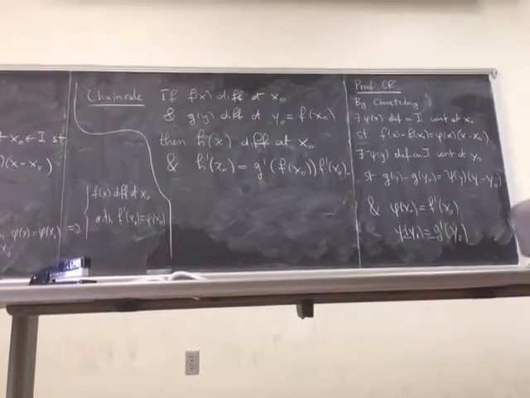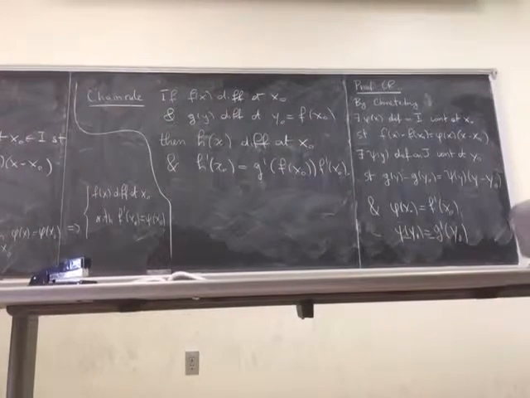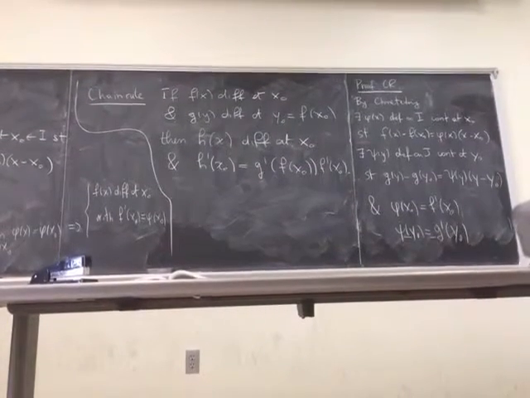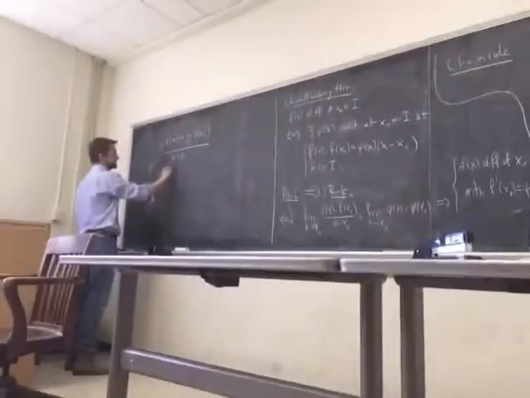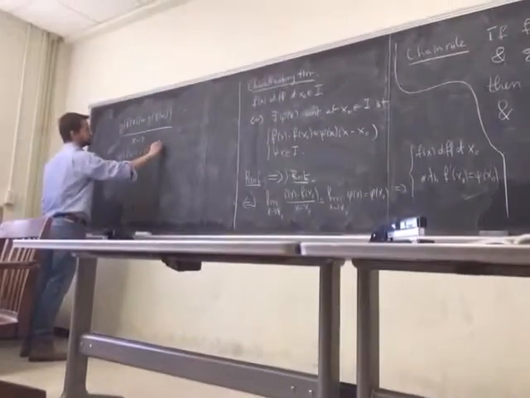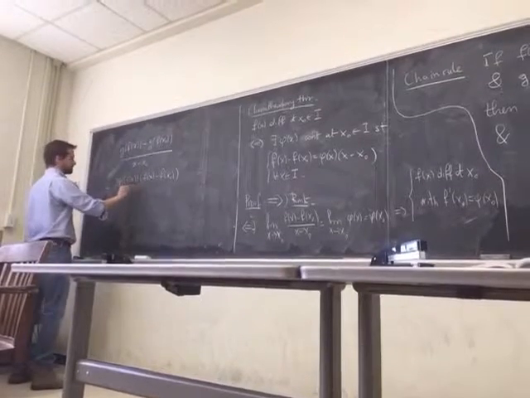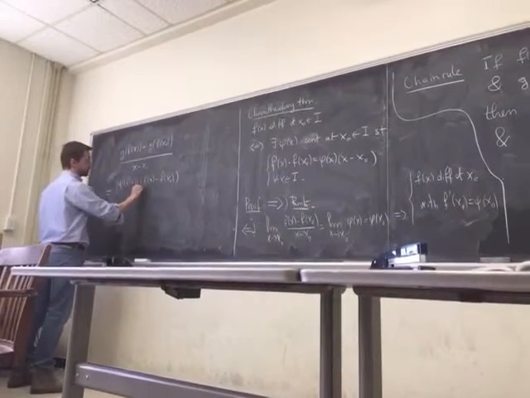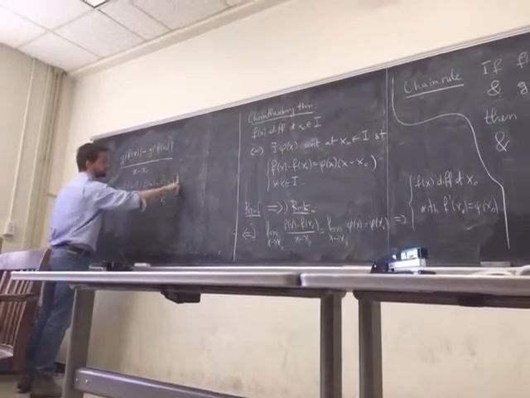So let me apply the property with psi, and here I get psi of f of x times f of x minus f of x naught divided by x minus x naught.